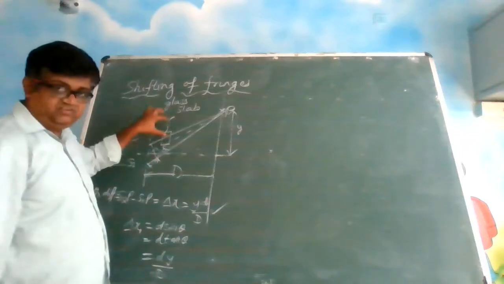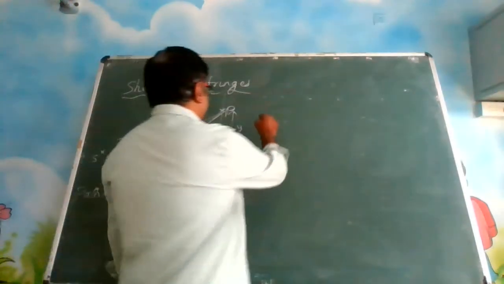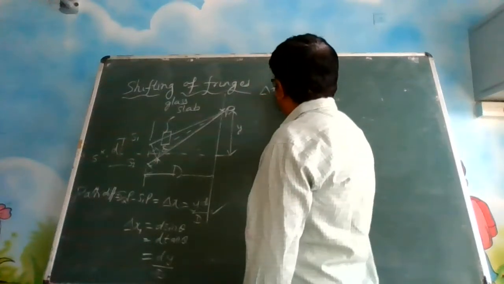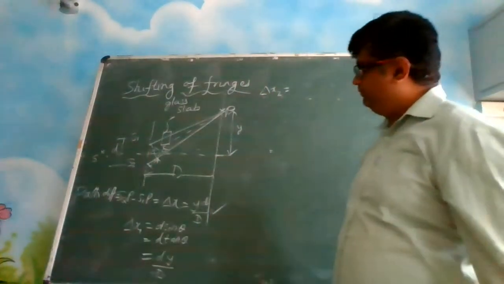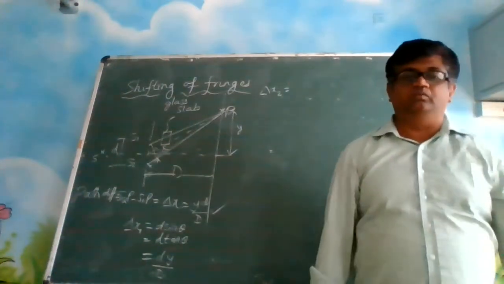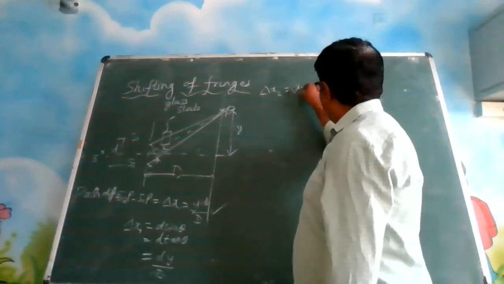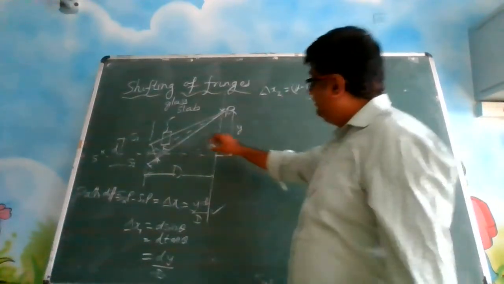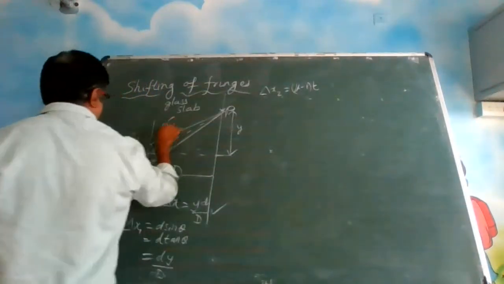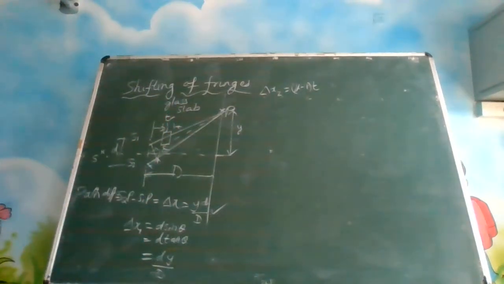Now the glass slab is there, so because of this, what is the path difference? We will call that delta x2, which is equal to, if the medium refractive index is mu, as we have done in one expression, mu minus 1 into t, where t is the thickness of this glass slab.